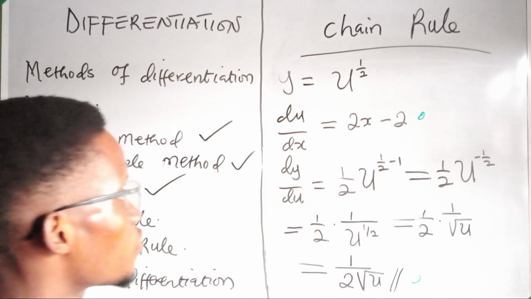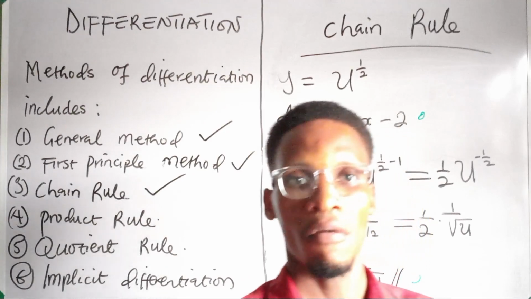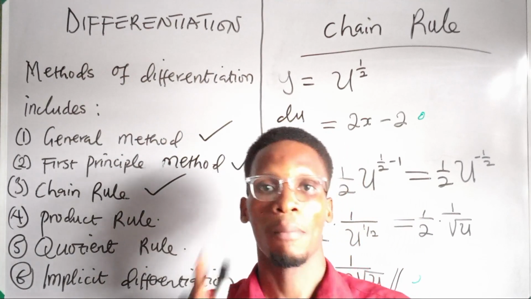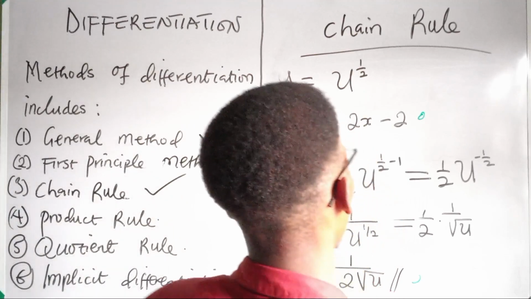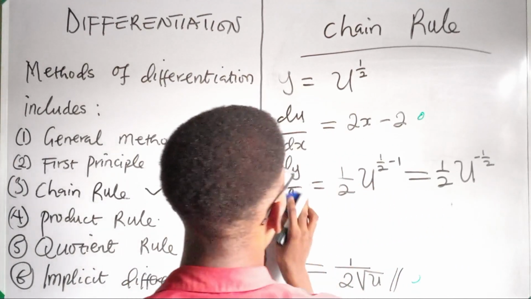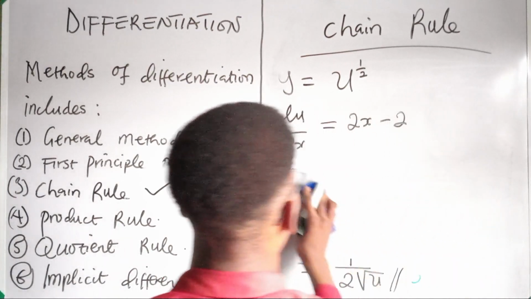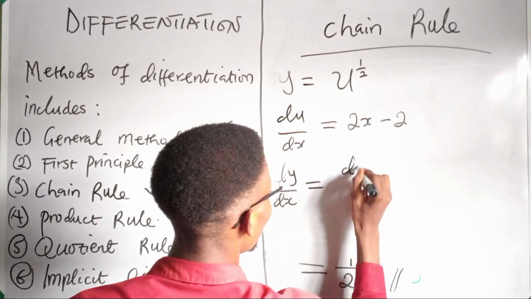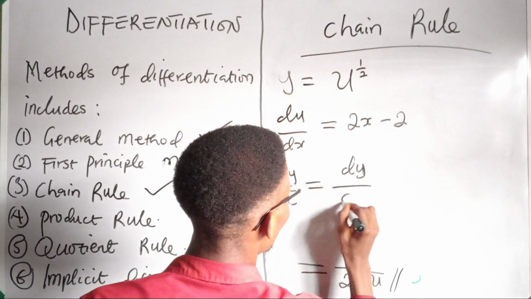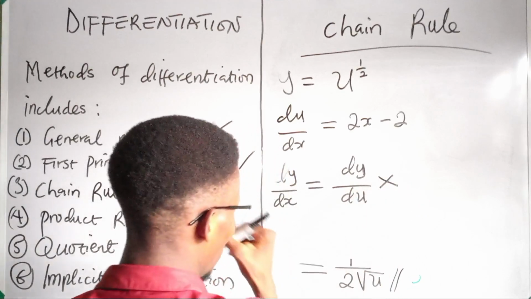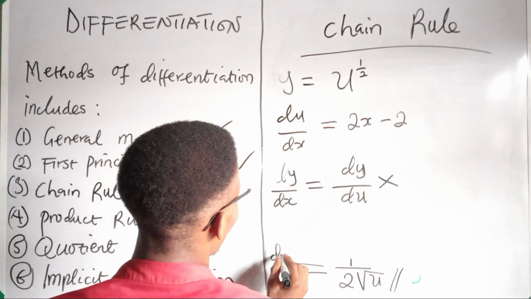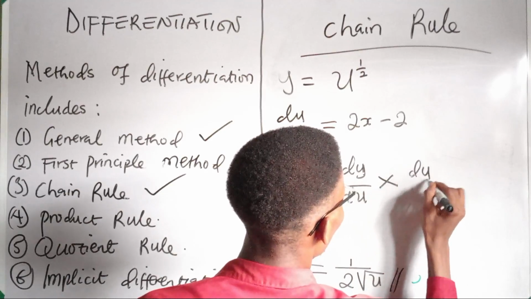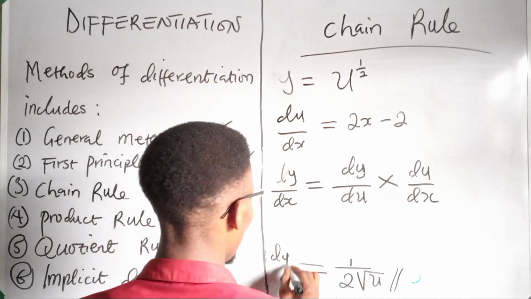The next step is to apply this formula, which says dy over dx equals dy over du multiplied by du over dx.